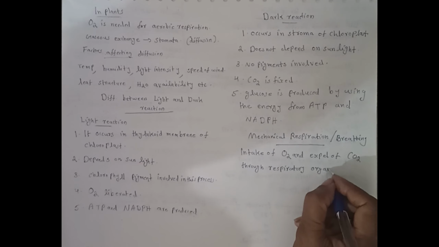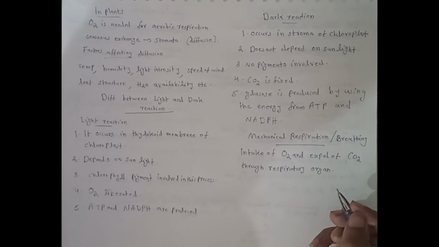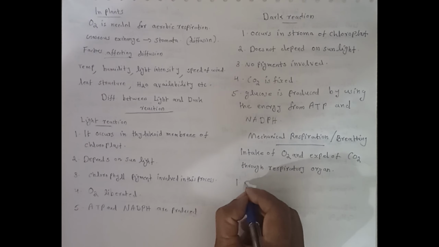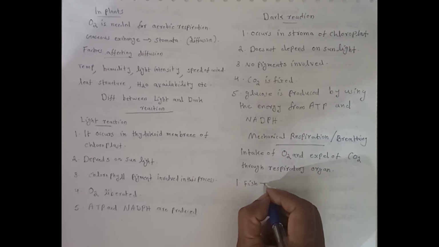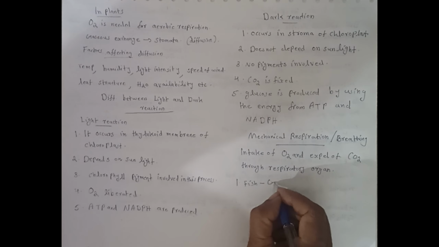Here there are different types of breathing organs or mechanical respiratory organs seen in different organisms. In the case of fishes, breathing is through gills.